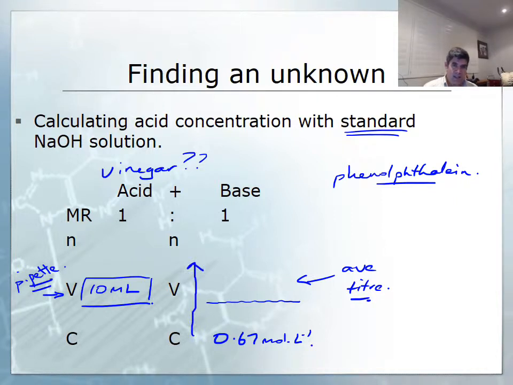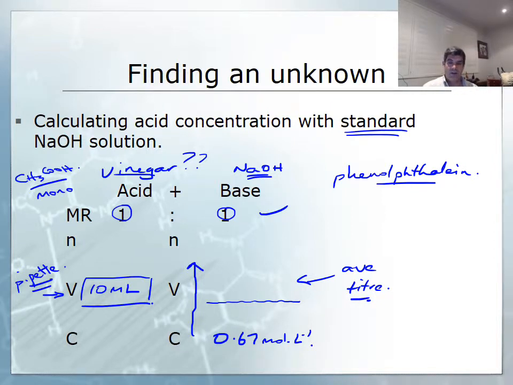And in this case, if the acid is vinegar, which is acetic acid or ethanoic acid, CH3COOH, then this is monoprotic. And then if this is sodium hydroxide, then that is also only liberating one OH minus, so the ratio here will be 1 to 1, which is good. So what we're going to need to do is to carry out our titration.